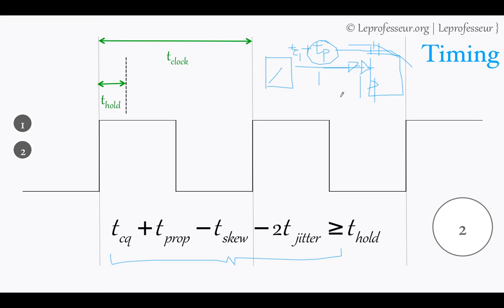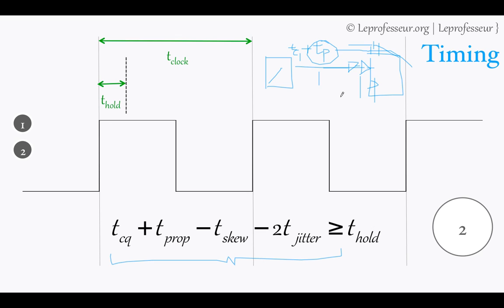Now if you have setup violations, you have to adjust your clock. For hold violations you can get away with inserting buffers, and you can fix it that way.